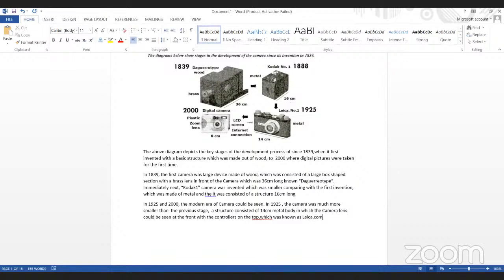Comma, comparing with the modern era, again, the modern era comparing with the modern camera. This was a primary invention, as there was no LCD screen, right?